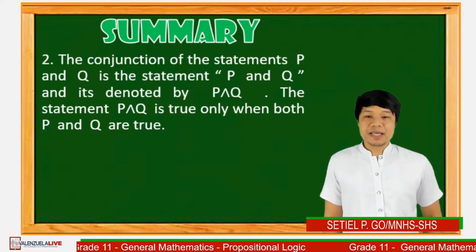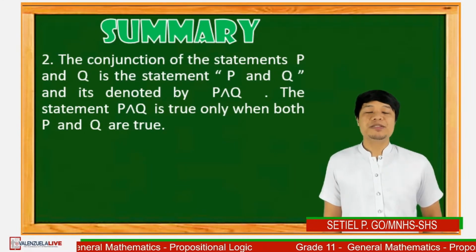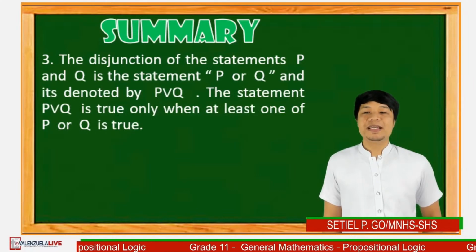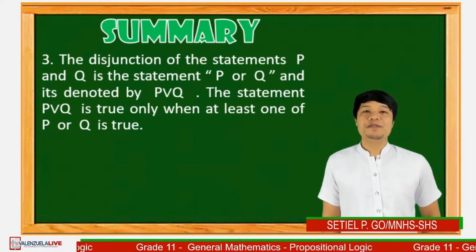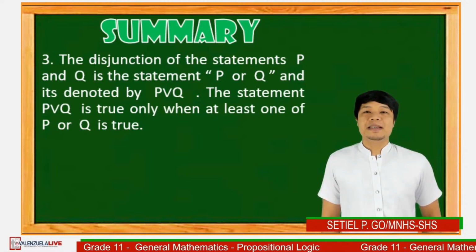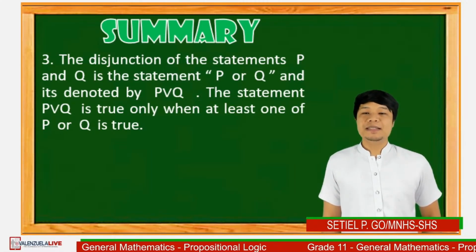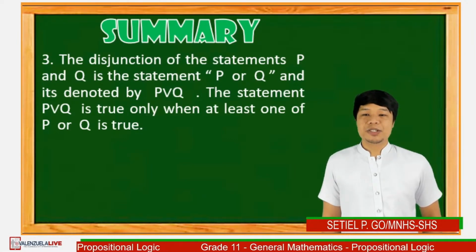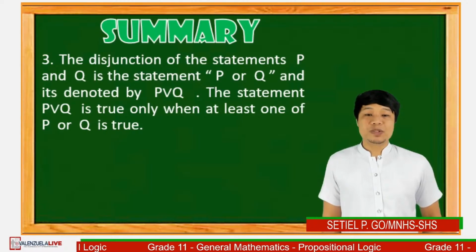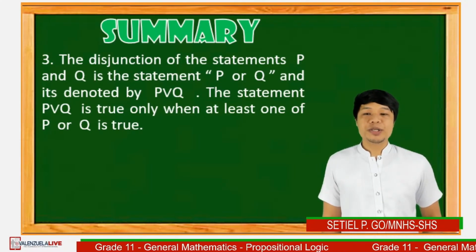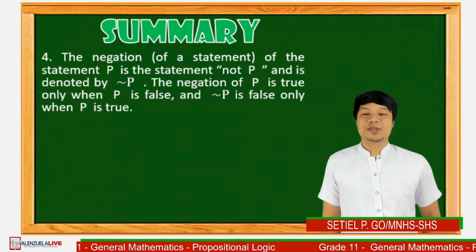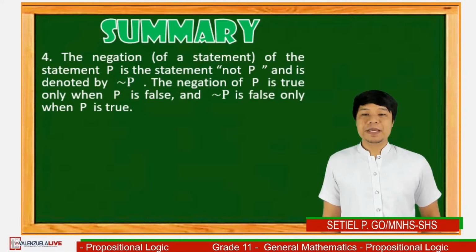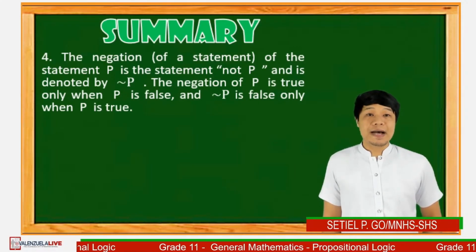The conjunction of P and Q is true when both P and Q are true.